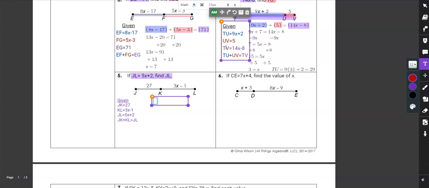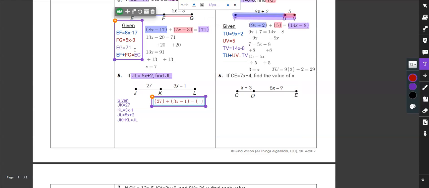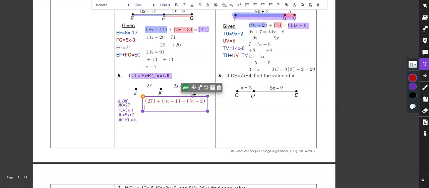So we get 27 plus 3x minus 1, and that's going to be equal to 5x plus 2. All right. Excuse me. And now we need to combine like terms.